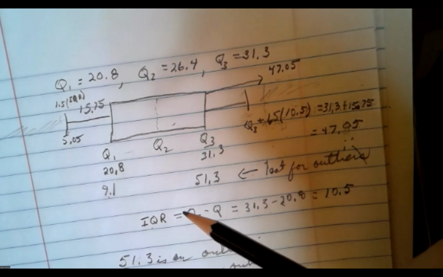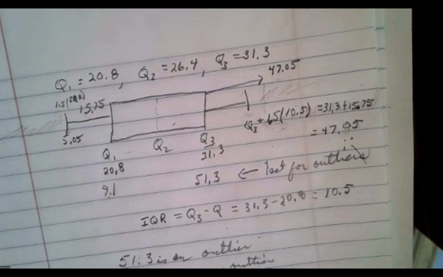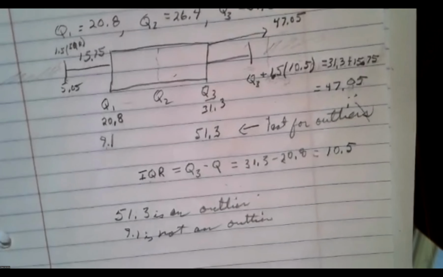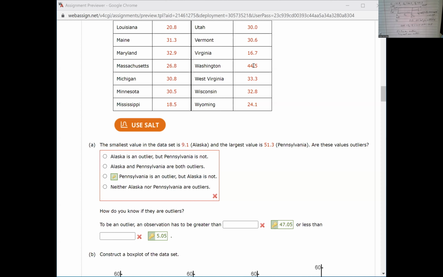So I think the next one down is 44 point something, if I'm not mistaken. Let me see. Let's go back to sharing the screen. And I think 44.5 is the next one.